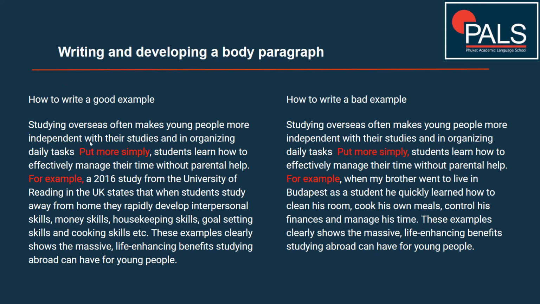Okay, so good example here, as you can see. We said a 2016 study from the University of Reading in the UK. So when the examiner reads this, he's thinking, University in the UK, it's a respected university. They have the authority to speak about such things, okay? They have the experts, the professors, they do the research.